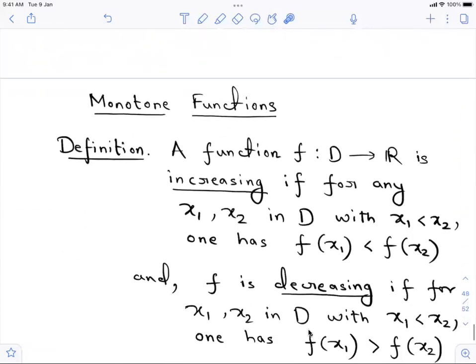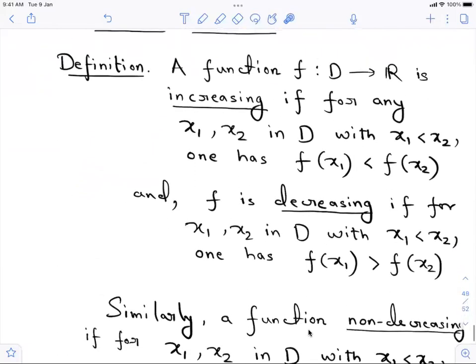So that brings us to the definition of monotone functions. You already know monotone functions are functions that can keep increasing or keep decreasing, right?